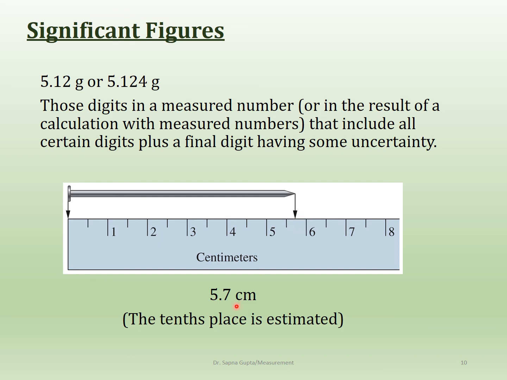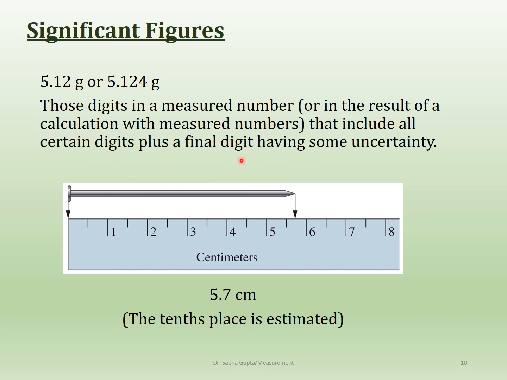Even this number, the 7 over here, is actually insignificant, but you're going to put it in the significant figures because there is some uncertainty, and you know that it's going to be around there somewhere. But you know for sure 5 is a measured number. So usually there is going to be one certain digit plus one digit with some uncertainty.